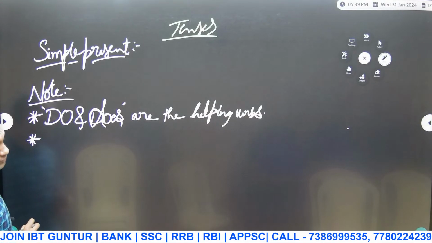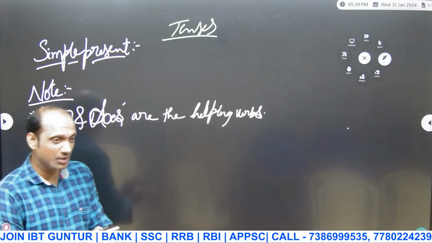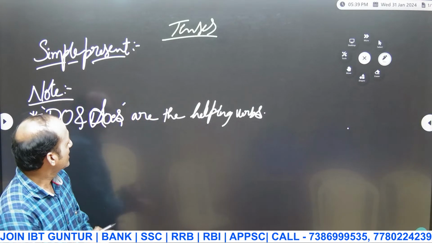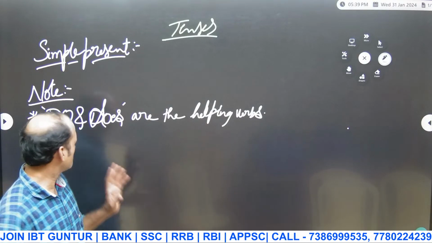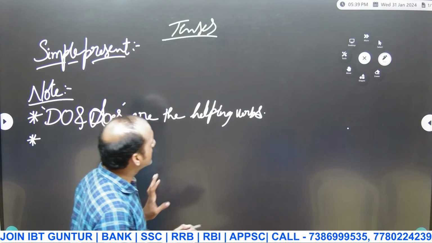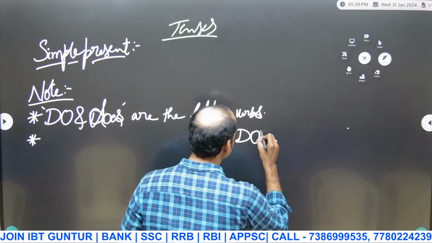What is the next thing we should remember? For every tense, for every helping verb, you should know what are the pronouns that we should use. Sir, without giving any example, if you say like this, how can we understand? Don't worry, I am going to give. See here. For example, do.